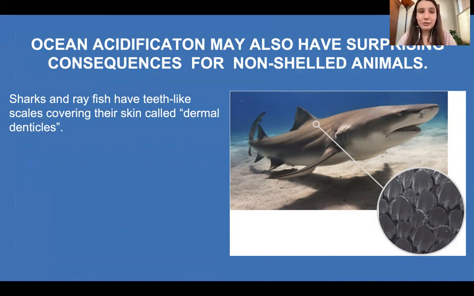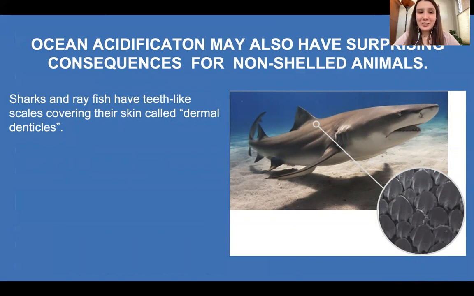And what scientists have learned recently is that ocean acidification actually has effects on some species of sharks that have dermal denticles. If we break down this word, dermal means skin, and denticle, think dentist, think teeth.